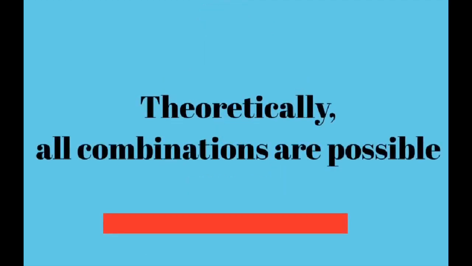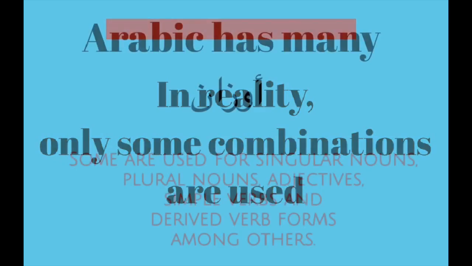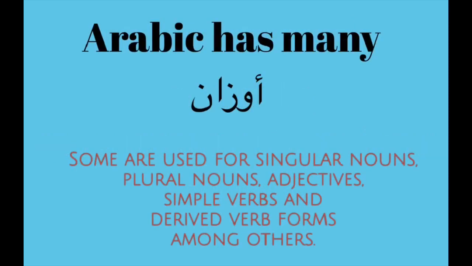In deriving words, theoretically, all combinations are possible. In reality, however, only some combinations are used, so you can't just go through and make up words willy-nilly. The Arabic language has many ozan, or patterns.